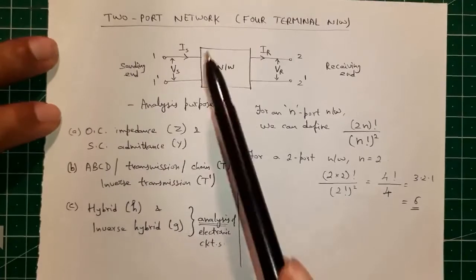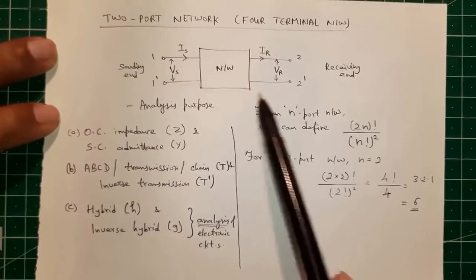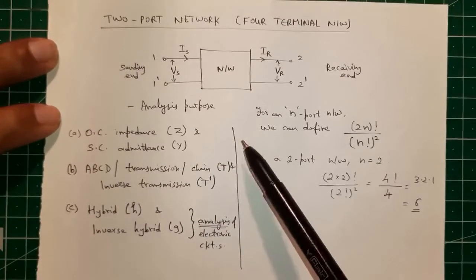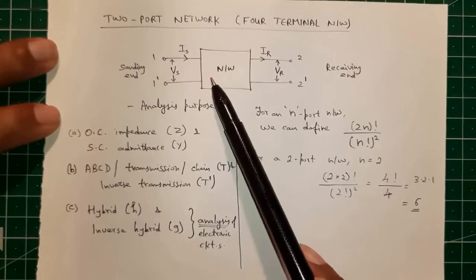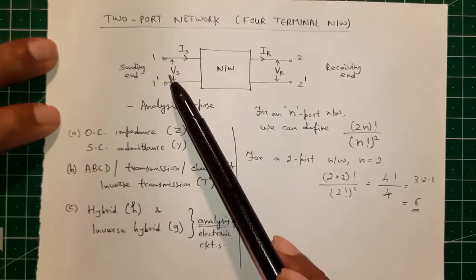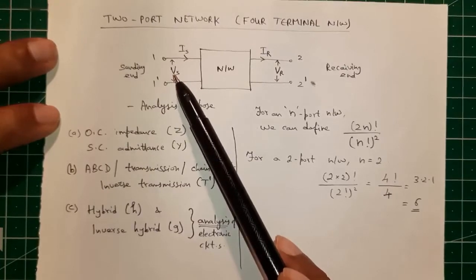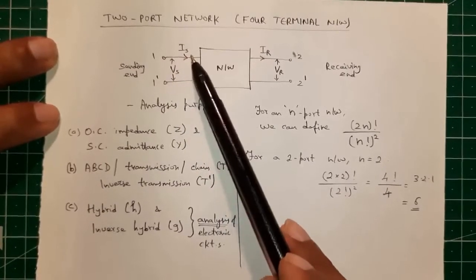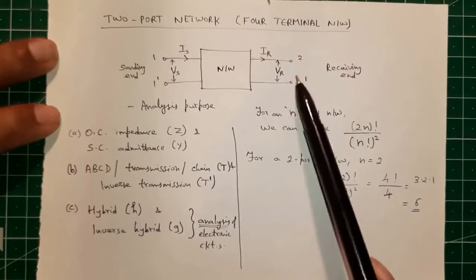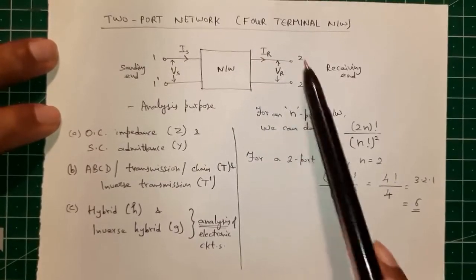So these 6 parameters are defined for this box. Once the network parameters are known and we apply some voltage at the sending end with some sending end current, we will be able to determine the other 2 parameters.